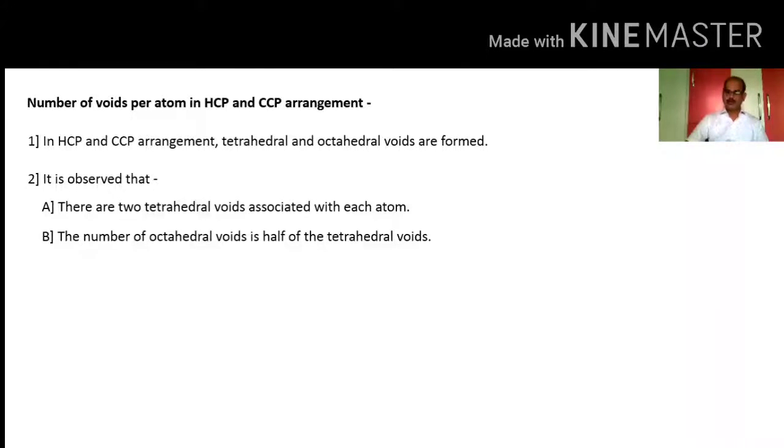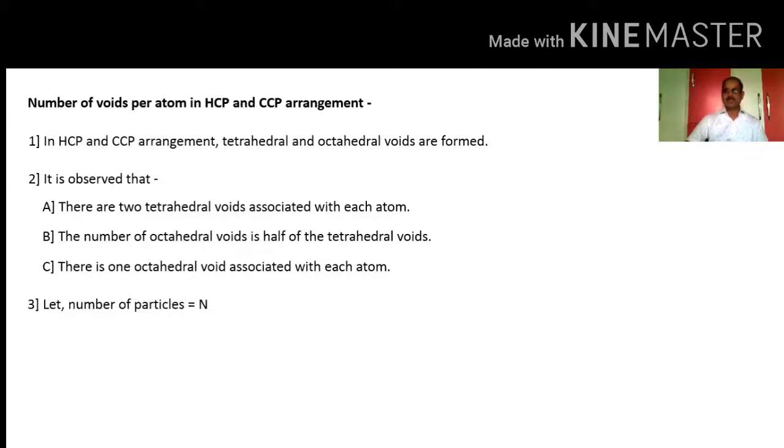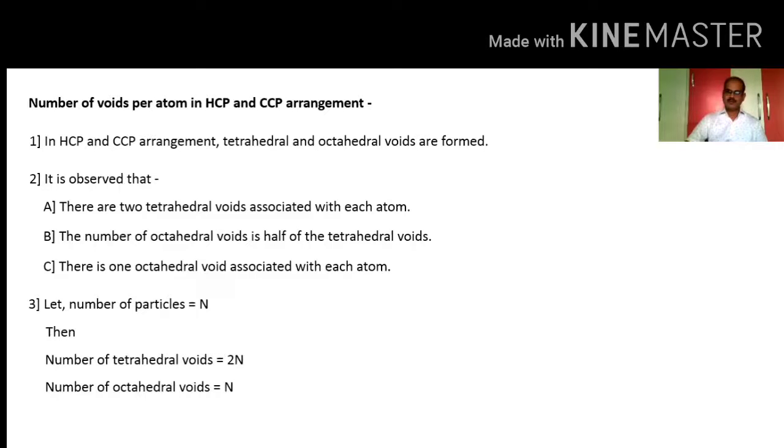So the number of octahedral voids is half of the tetrahedral voids in the given arrangement. Suppose in the arrangement you have n number of particles, then the number of tetrahedral voids will be double, that is 2n, and the number of octahedral voids will be same, that is n.